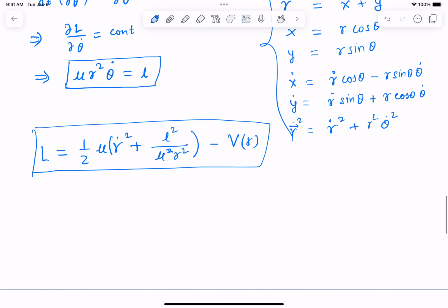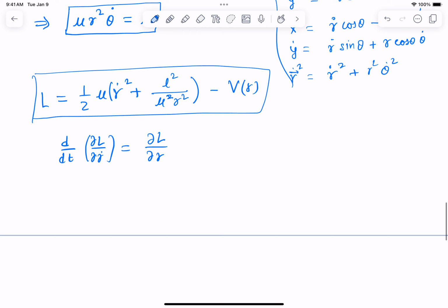And the equation of motion is going to be d by dt of del L by del r dot equals del L by del r. So let's do that. In this Lagrangian, the only place where we get an r dot is here, so we will get mu r dot equals del L by del r.